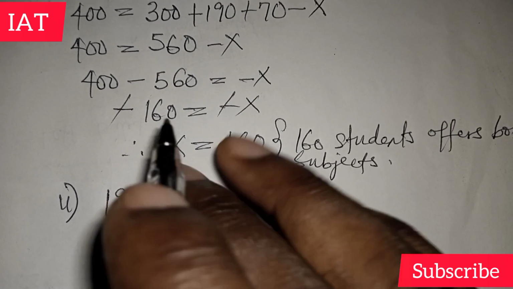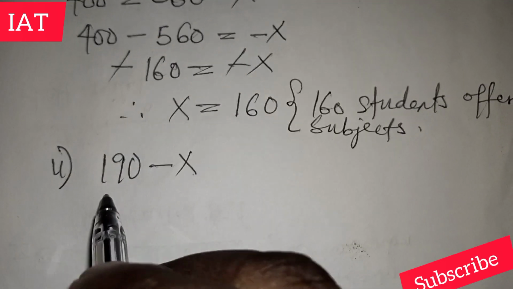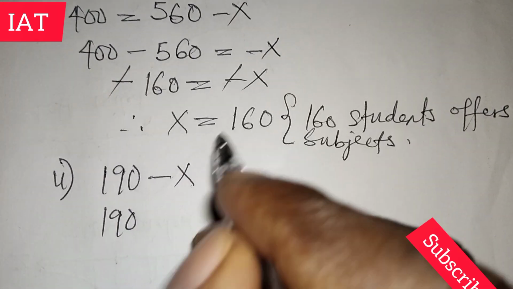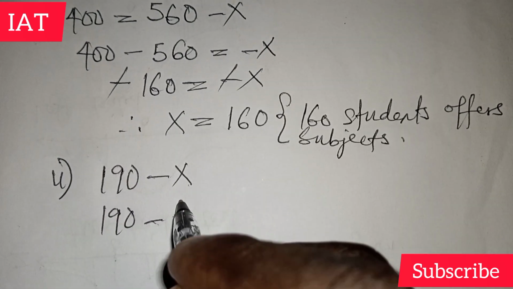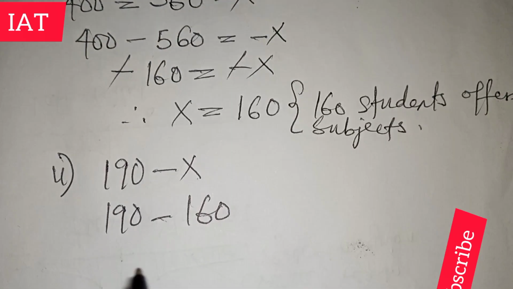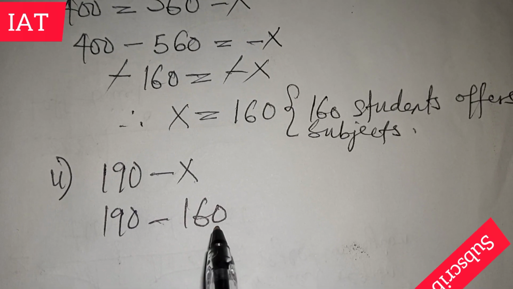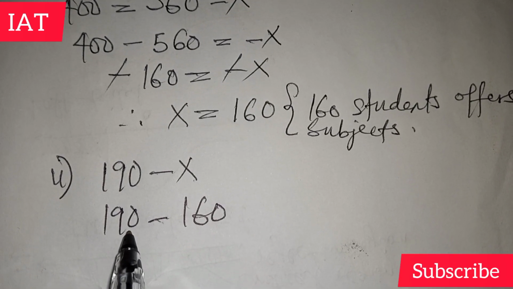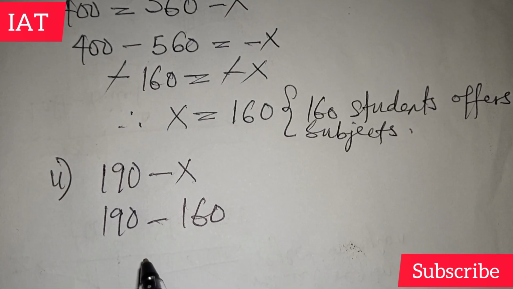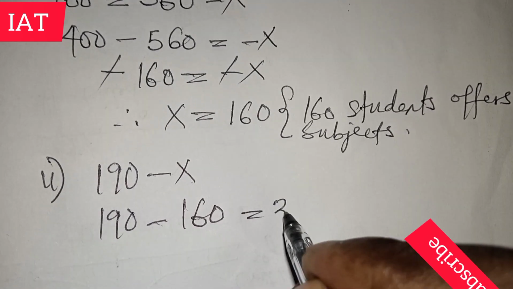X has been defined already to be 160. So we plug in 160 in place of X and do the subtraction. If you remove 160 from 190, we just have 30. So the answer is 30.